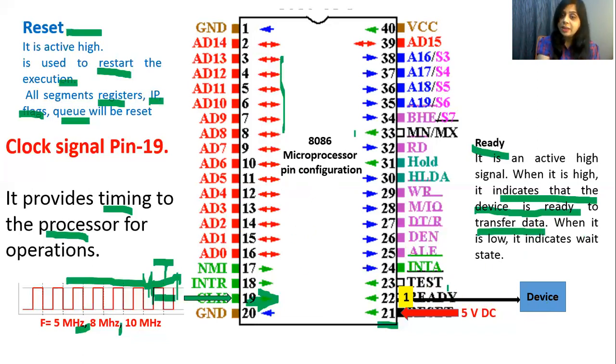So this ready pin is used to synchronize the operation of 8086 and the interfacing device, or to match the speed of operation of the microprocessor and the peripheral device. When this pin is at logic 0, it is low, it indicates that the microprocessor should wait. It should hold on the operation.